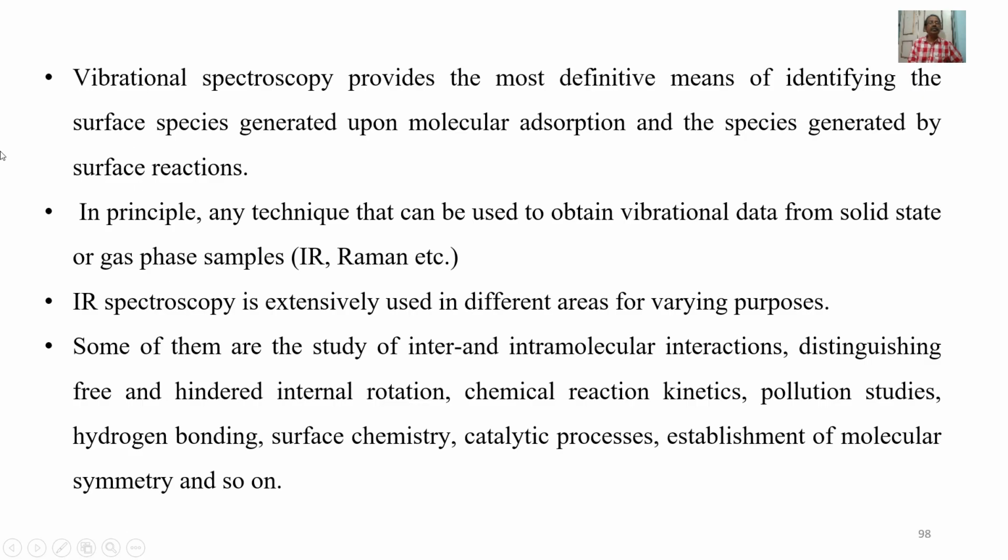Vibrational spectroscopy provides the most definitive means of identifying the surface species generated upon molecular adsorption and the species generated by surface reactions. In principle, any technique that can be used to obtain vibrational data from solid state or gas phase samples, for example, IR and Raman, and so on.